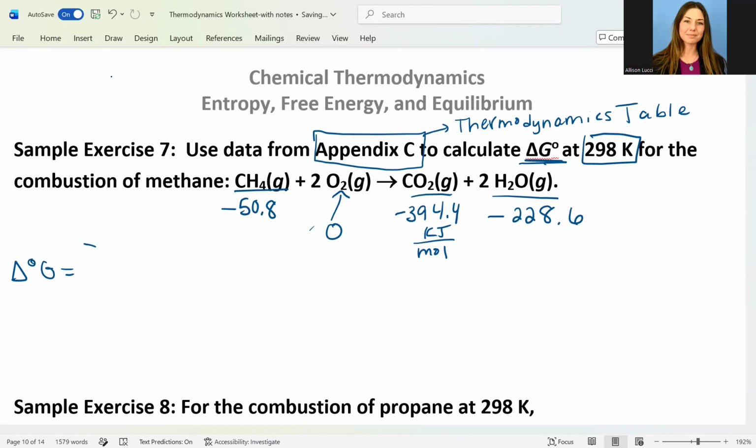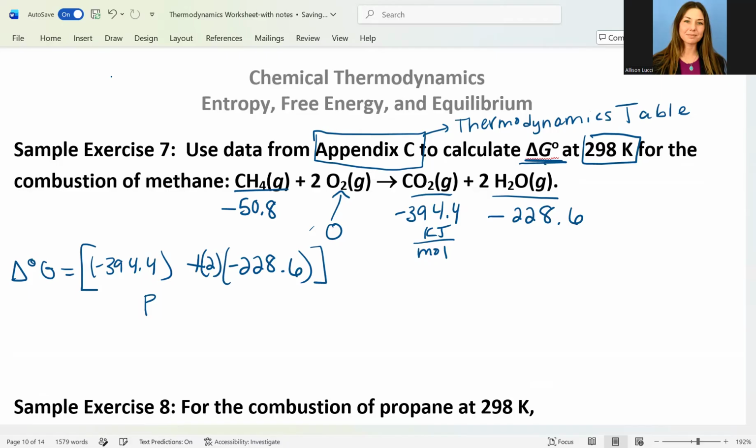So let's do our sum of products times their coefficient. So I have 1 times CO2, so I'll just leave out the 1 and we'll write negative 394.4, plus, because these are both of my products over here, I'm going to have negative 228.6 as well. And we need to remember to multiply that by 2.